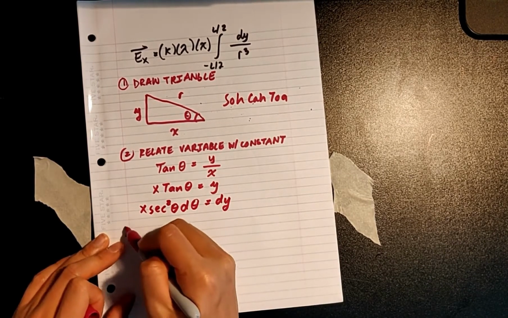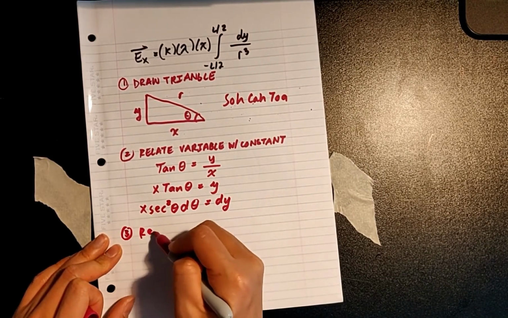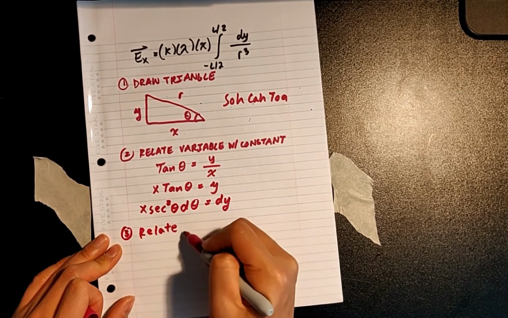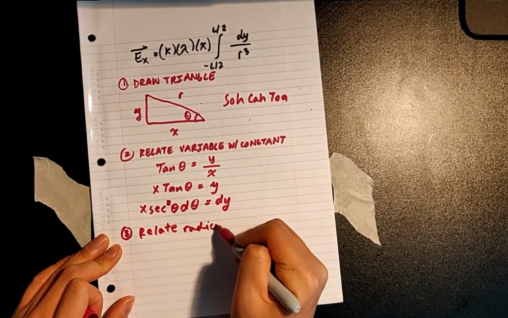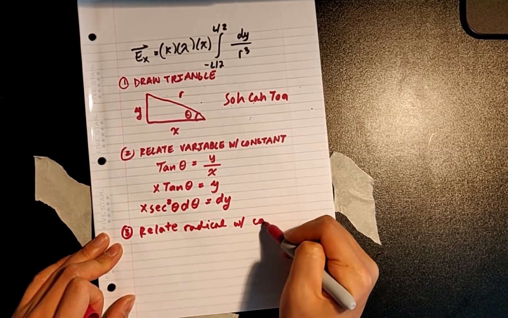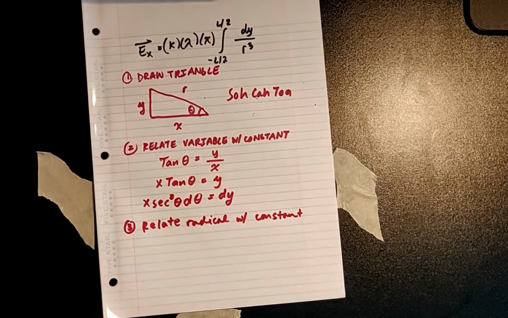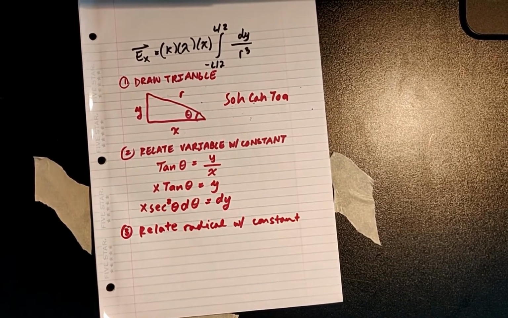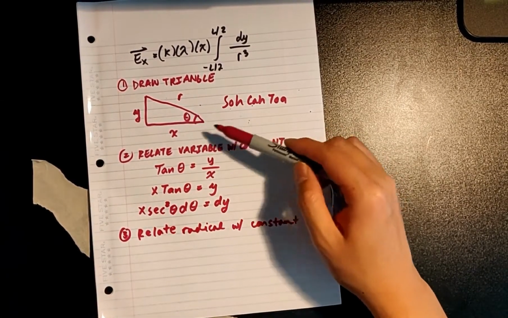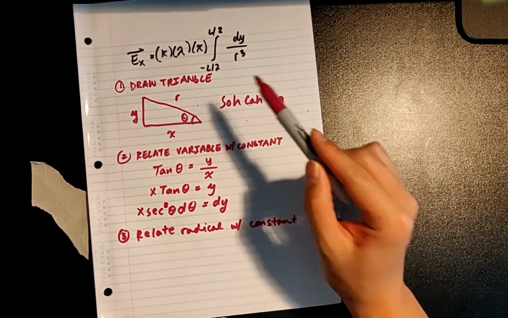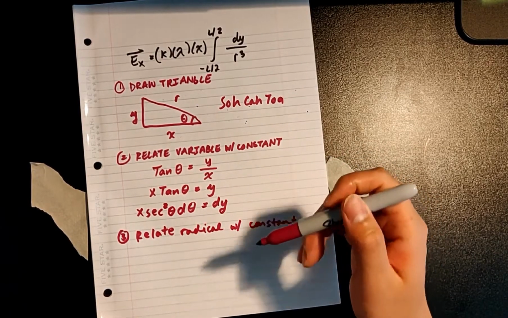So now the third step is to relate the radical with the constant. So our radical, which is just the hypotenuse, is r. So how do we relate our x with our r? This term is adjacent and this term is hypotenuse. So cosine.